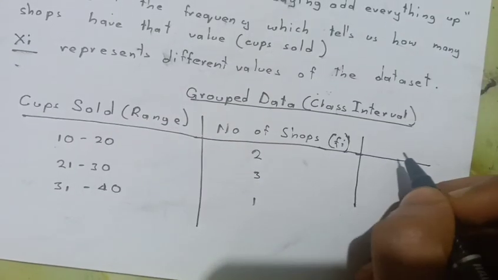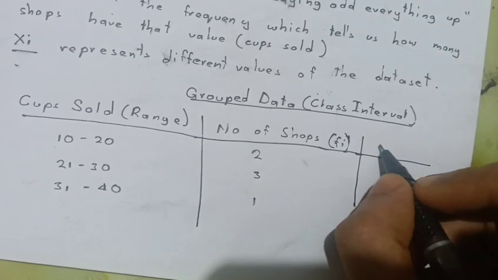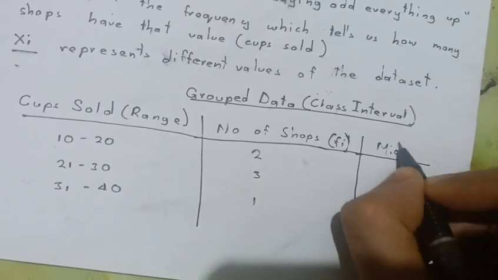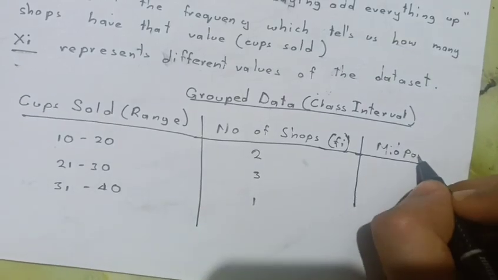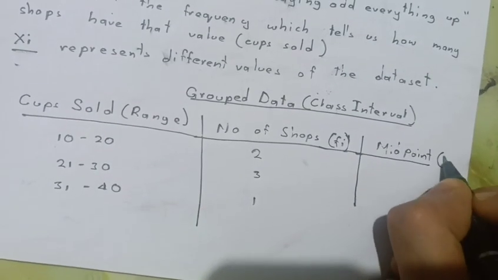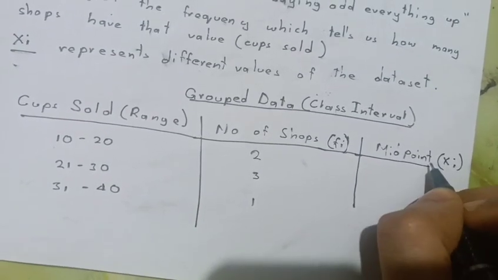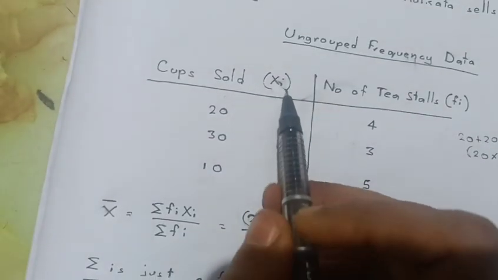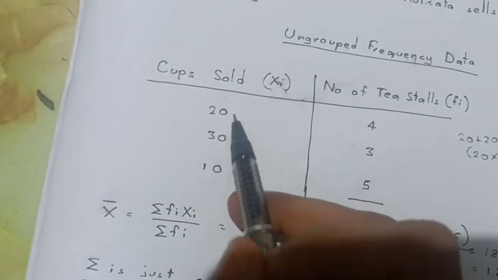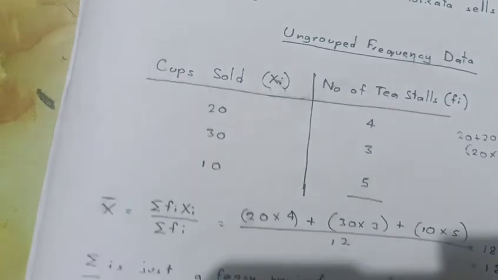Now, in order to perform the mean, before that we have to find the midpoint. Midpoint of what? Midpoint of 10 to 20. This will be denoted as xi. We first used to denote xi as the specific data.